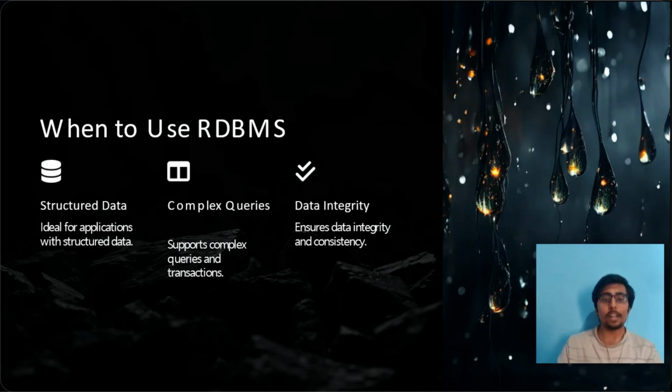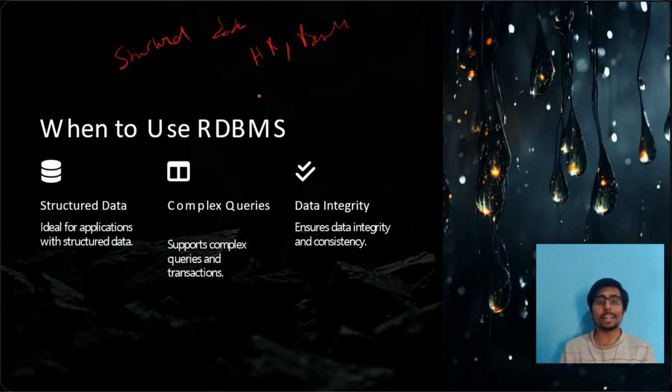Now, when to use RDBMS? For example, if you have highly structured data, then you will use RDBMS, such as banking and HR, and where strong data integrity and consistency are needed. If you want strong consistency in data, like banking, which I already mentioned, you need consistency in that.